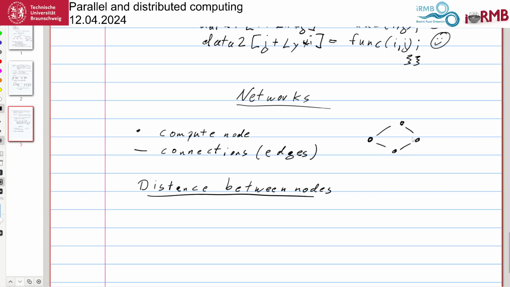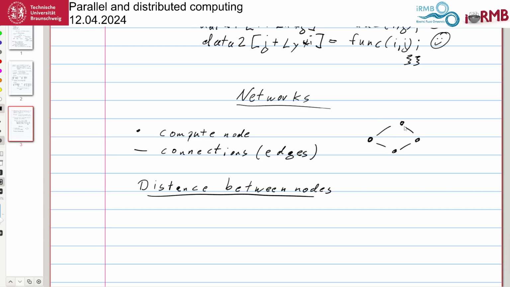Don't tell me it's 2 centimeters on my screen. On this screen here, it's probably more like 20 centimeters. That's not what we mean. We mean the distance in terms of how many edges you have to pass through to actually get from one to the other.